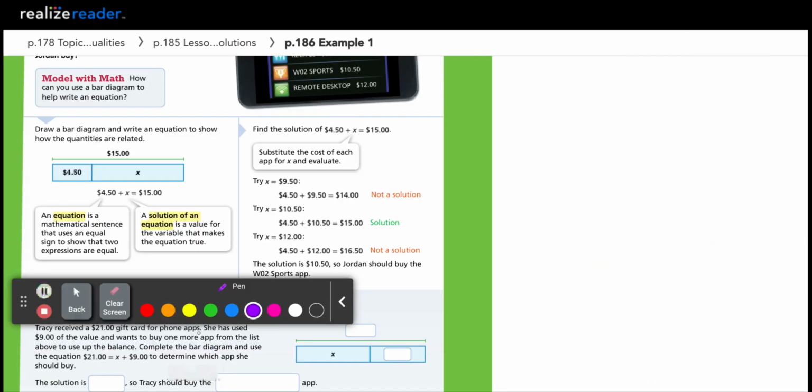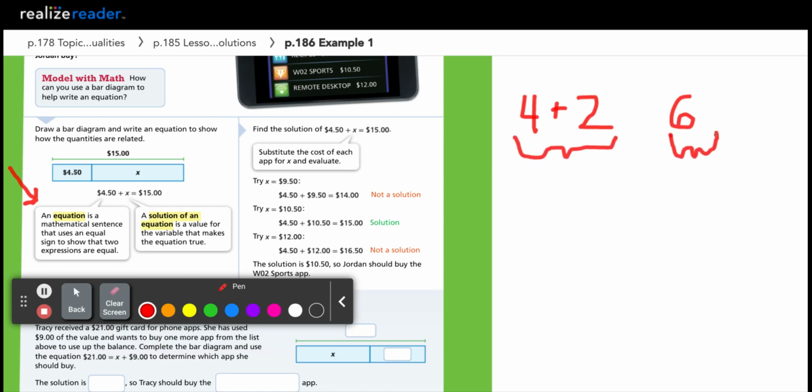Before moving on to a new question, I just want us to look at some of the definitions they give us here. An equation is a mathematical sentence that uses an equal sign to show that two expressions are equal. In my example before, 4 plus 2 and 6 are each an expression, so it is now an equation because it shows that the left side and the right side are equal.